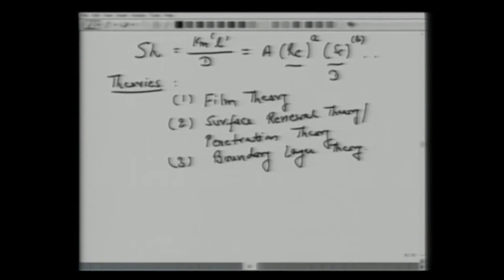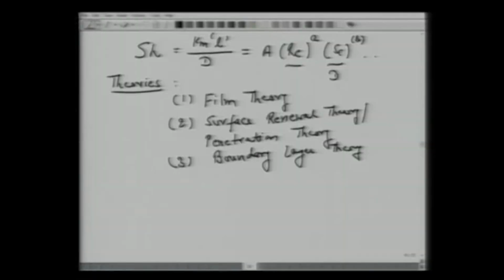Okay, so what we will do now is go through these three theories, and we will stay away from rigorous mathematical derivation. Instead, we will see the fundamental postulates of these theories.